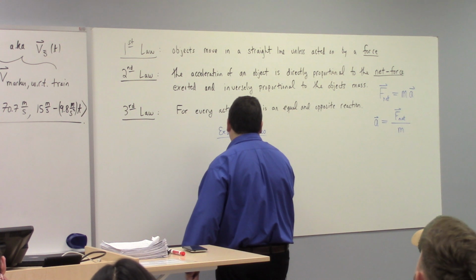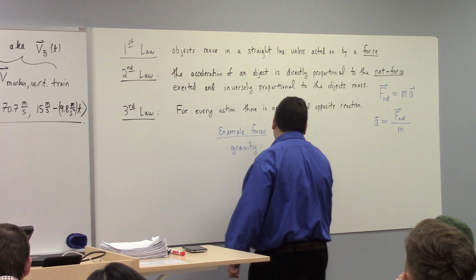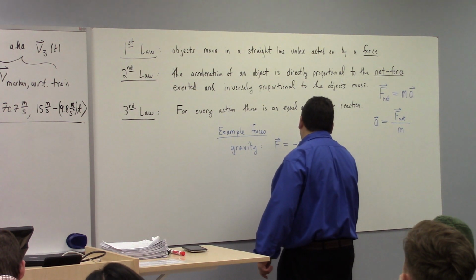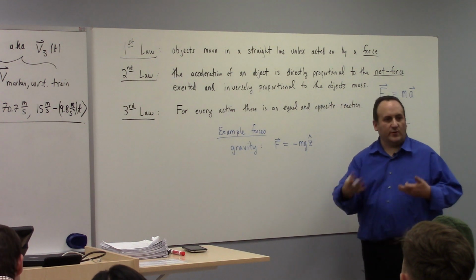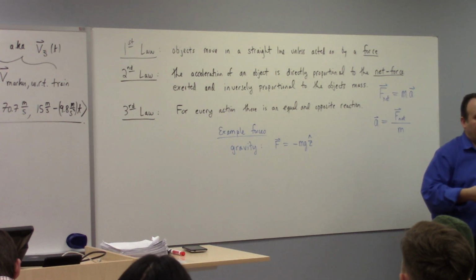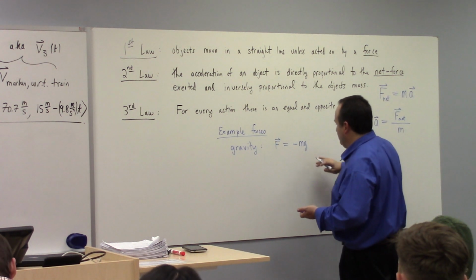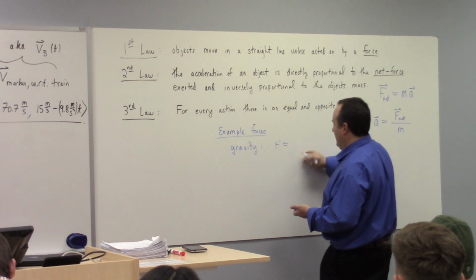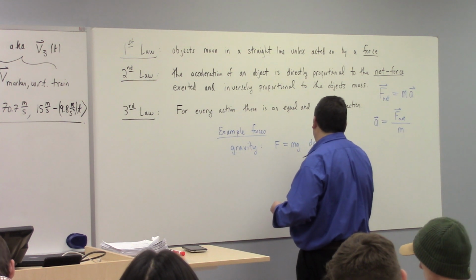Gravity, I heard gravity, that's a good one. What's the formula for that? F equals, for us to start with, something like minus mg z hat. I mean, it depends on the coordinate system you're using, but let me say it this way, F equals mg directed down, right?